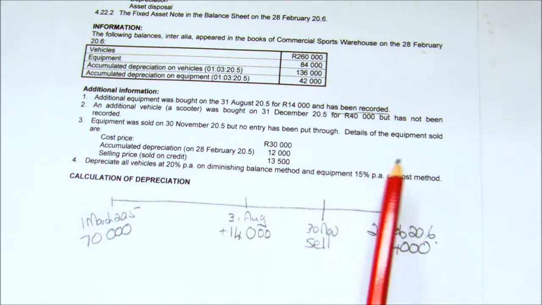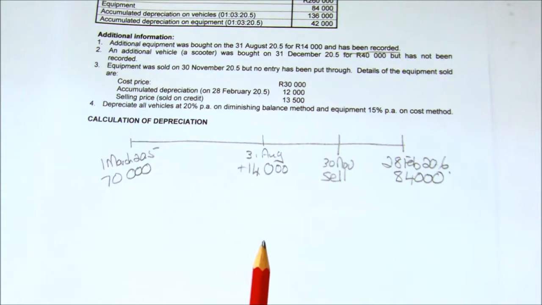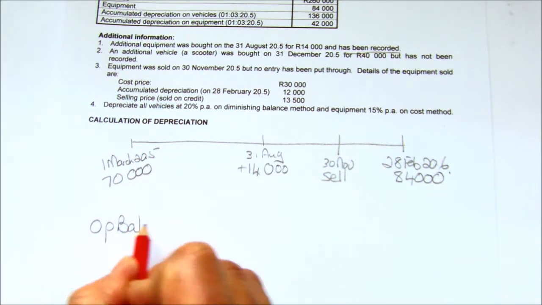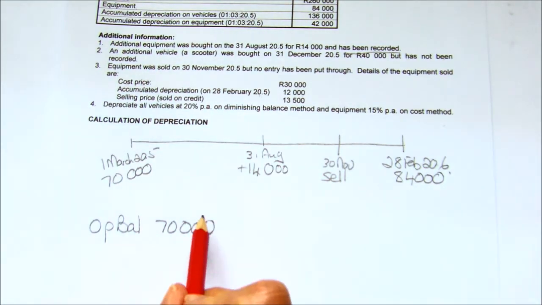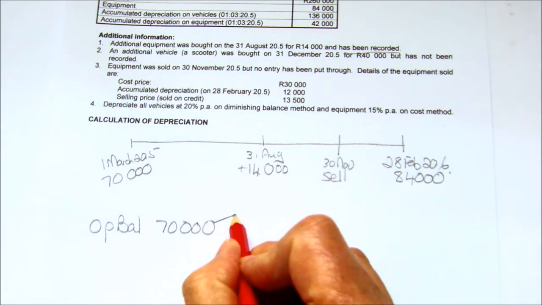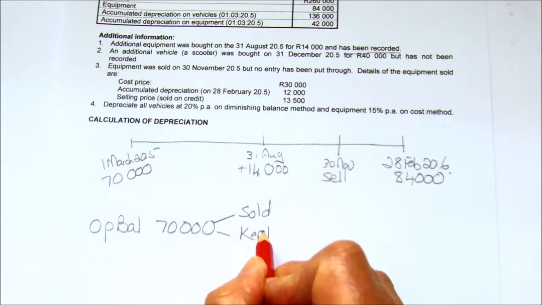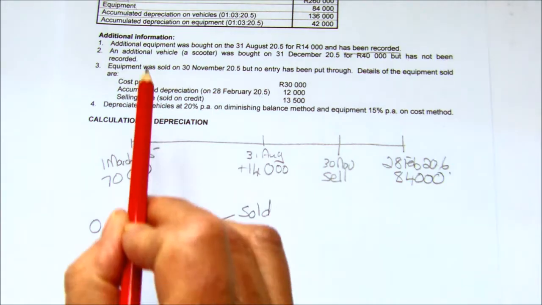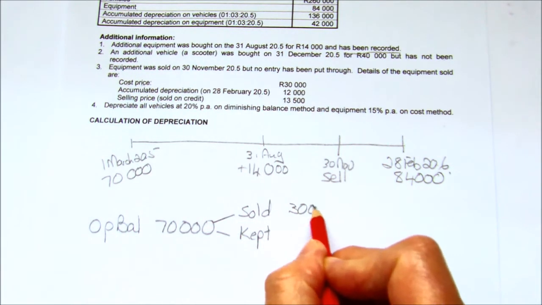Now, it's this calculation. What you've got to look at is that you've got 3 pieces of equipment here. The first thing is that of this opening balance of 70,000 Rand that you had at the beginning of the year, you have not kept all of it for the year. Some of it has been sold, and some of it was kept. Now this 70,000 is your cost price, and the cost price of the asset you sold was 30,000.